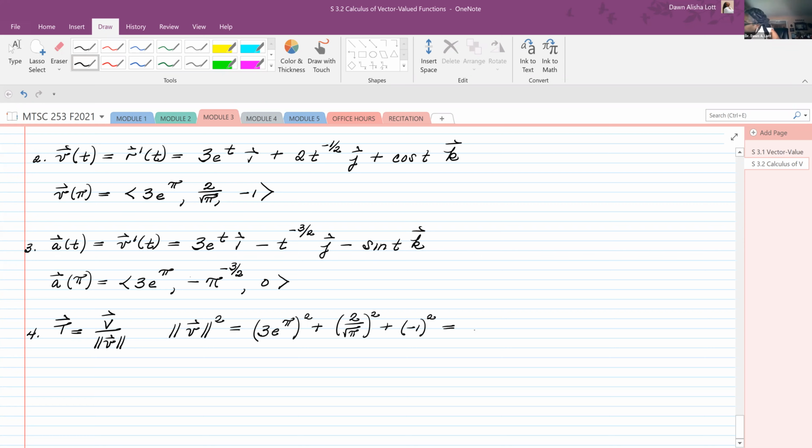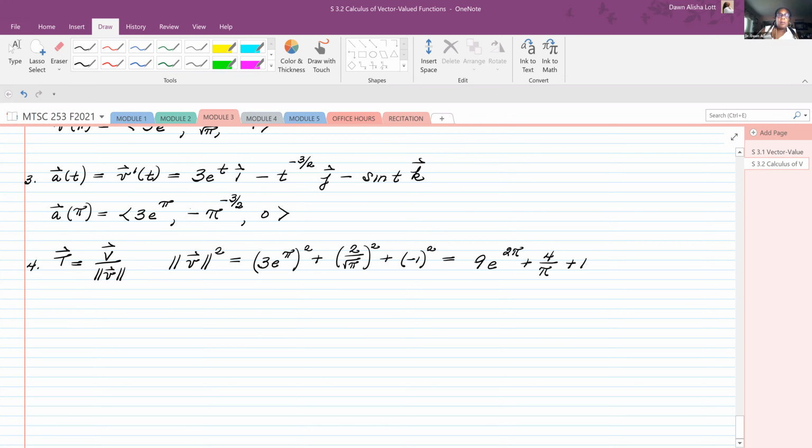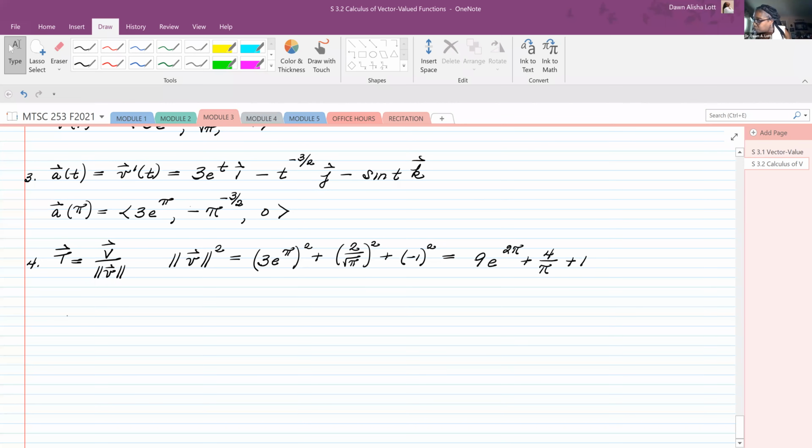And that is 9e to the 2 pi plus 4 over pi plus 1. So therefore the unit tangent, which is not always nice, as you can see, is the vector.